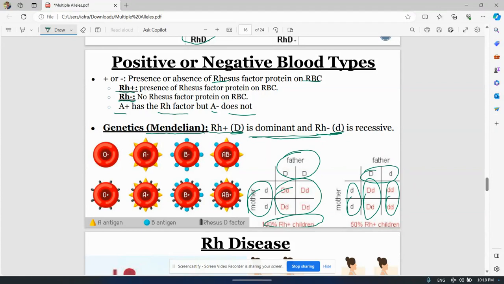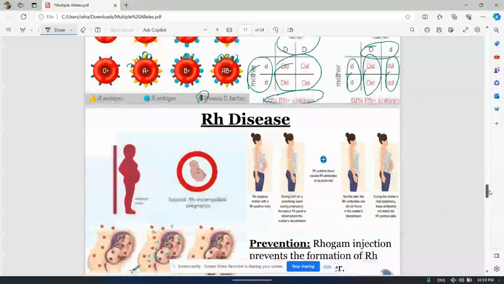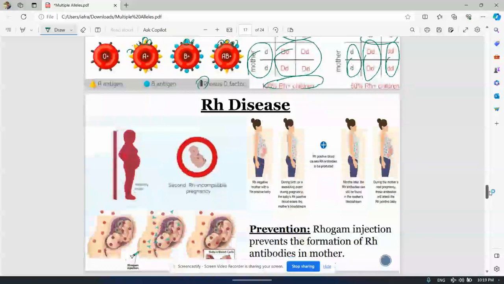And over here you can see the carbohydrates on the red blood cells. We have the A carbohydrate on the A, the B carbohydrate on the B, and A and B on the AB. For the minuses, you don't have the rhesus factor, but on the pluses, you do have the rhesus factor. Let's take a look at why we need to care about Rh plus and Rh minus.